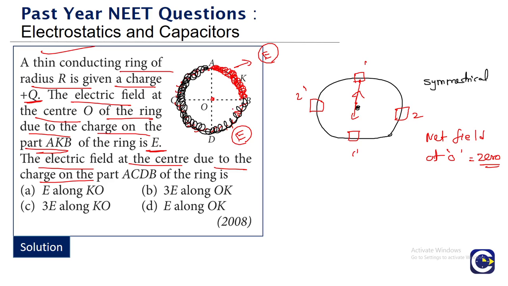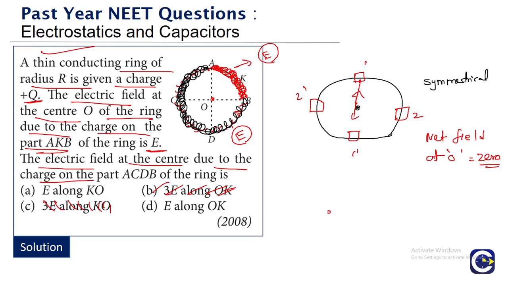So straight away we can say option C cannot be the answer, and option B also cannot be the answer, because the electric field due to the ACDB part should have equal magnitude as that due to the AKB part, which means this should also have the same value E.